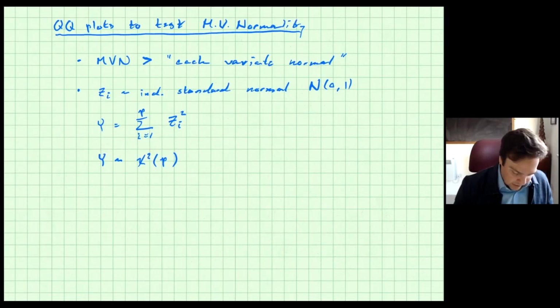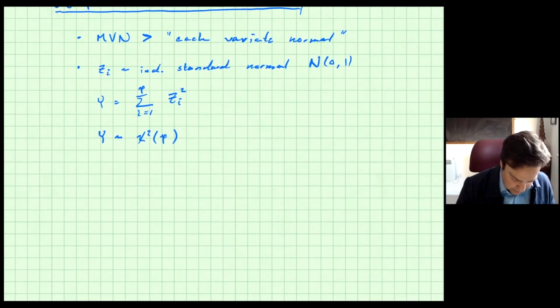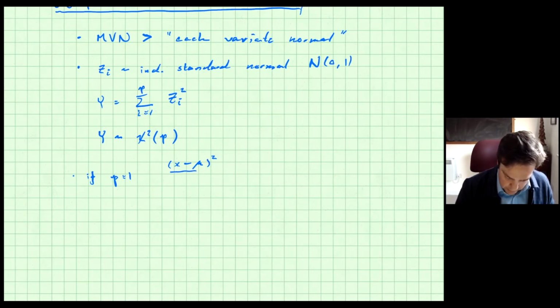And so this is kind of in one dimension. So if p is equal to 1, then what you're looking for is a chi-squared 1 distribution. The quantity that's going to have a chi-squared 1 distribution is x minus the mean, squared, over the variance.